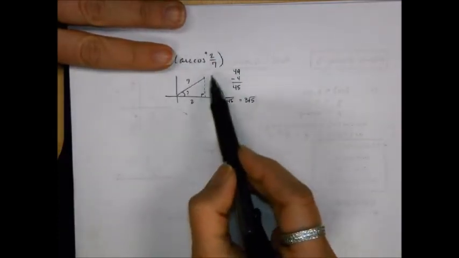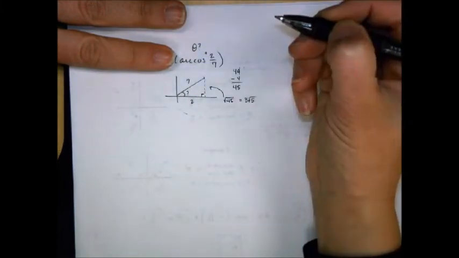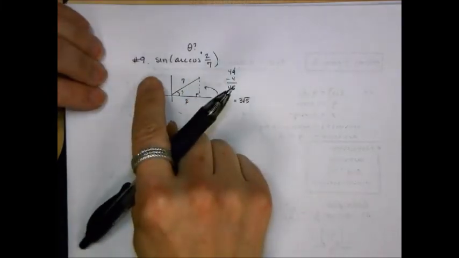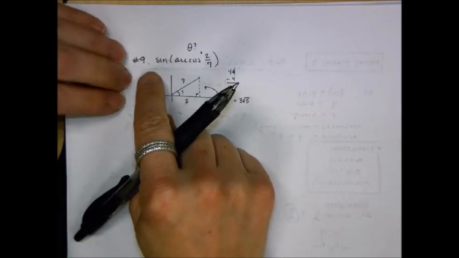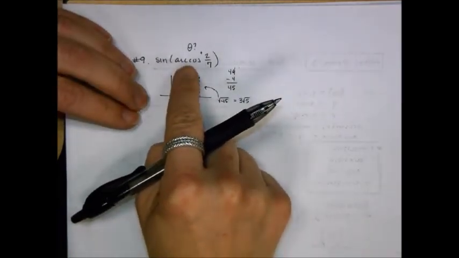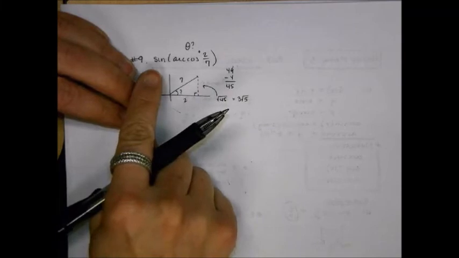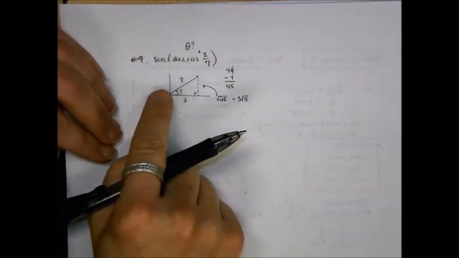Well, I don't need to know what the angle is because that's not all this question is asking. It's asking me for the sine of this angle. So inside, cosine of this angle is 2/7, the adjacent over the hypotenuse. Now it's asking us for sine of this same angle. So sine is opposite over hypotenuse, which gives us 3 root 5/7.